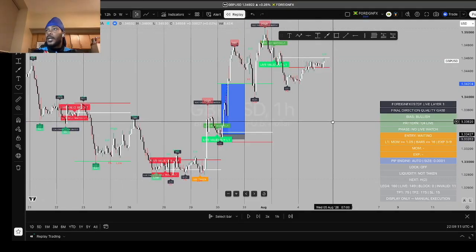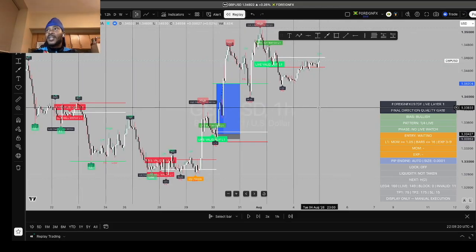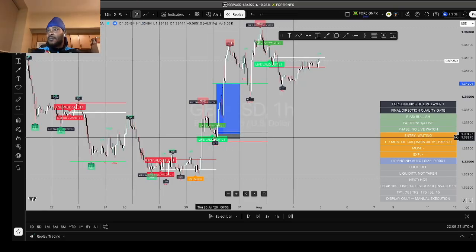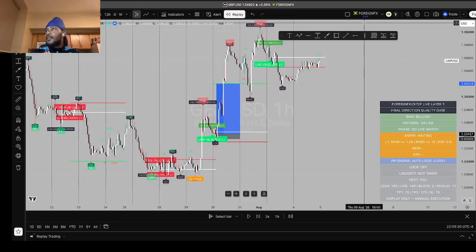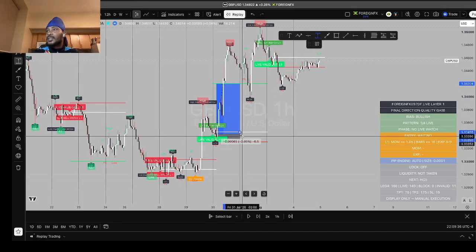Currently we're on GBP USD. GBP USD is one of the assets that performs very well, so I don't think I have to go over that much because I am gonna say you guys understand. For this trade, it was the 8.5 pip buffer entry, I think. Let's see.